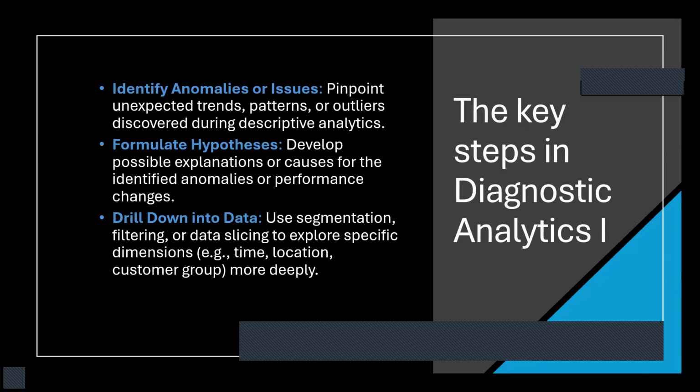So if you have data, for example, and you're doing some kind of diagnostic analysis, one of the things you're trying to do is to find out how some things are outliers from the bands that you have created. So you want to identify anomalies or issues, pinpoint expected and unexpected trends, patterns, or outliers discovered during the descriptive analytics, and then you formulate the hypothesis.